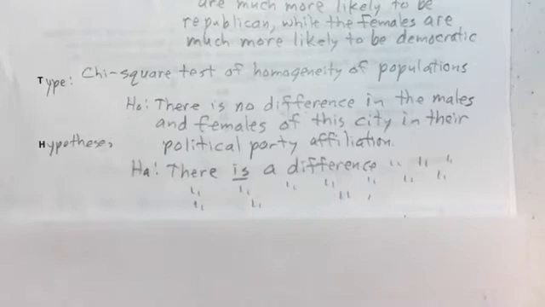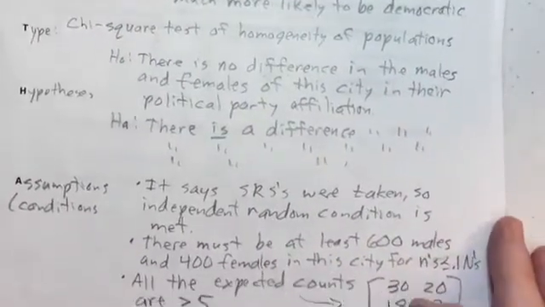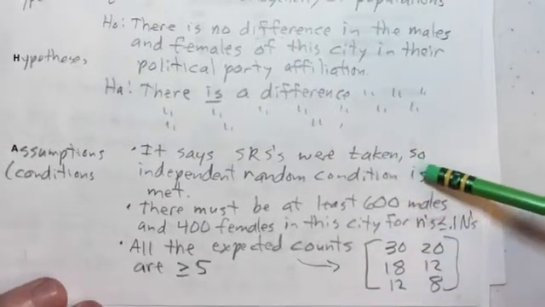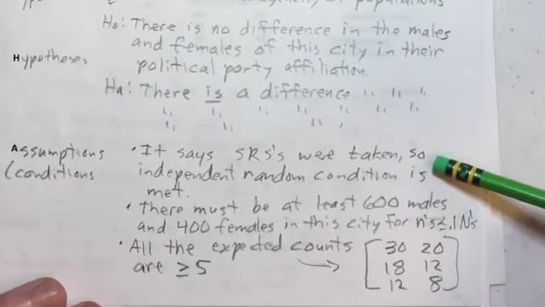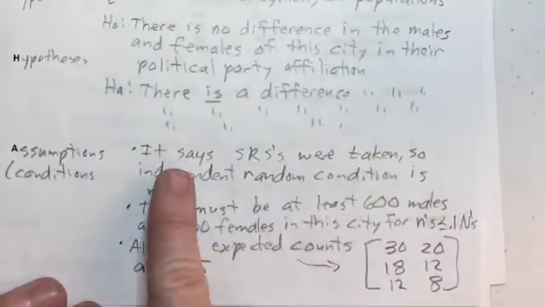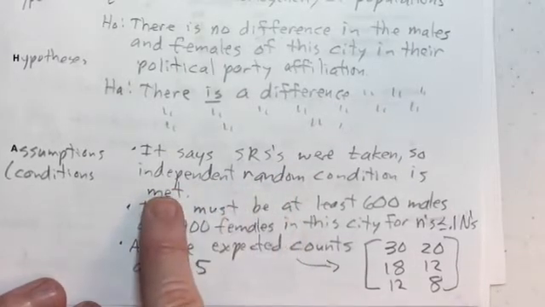And so then after we do that, we have to check our assumptions. All right, there's a bit of a tweaking in our assumptions. Of course, this is always a condition, and it's always our most important condition. Now, it's 2 samples, so we have to say independent random samples, okay? It says SRSs were taken, so independent random condition is met. And we've had that condition for several chapters now.